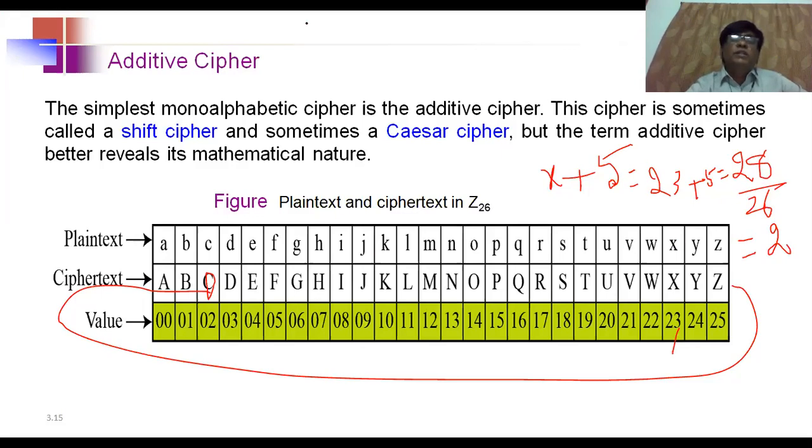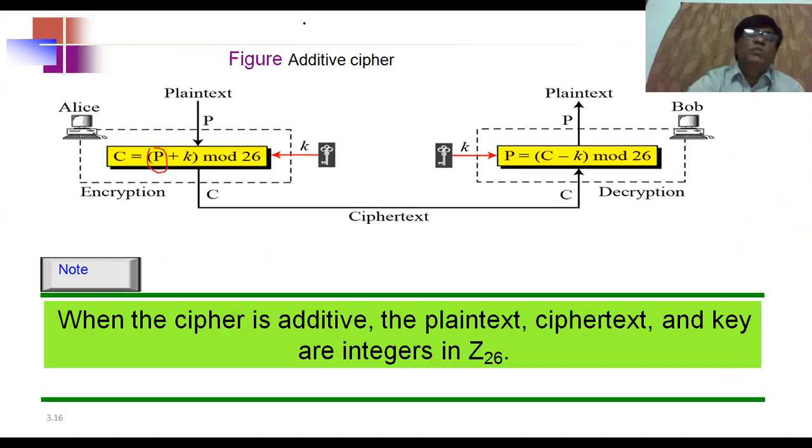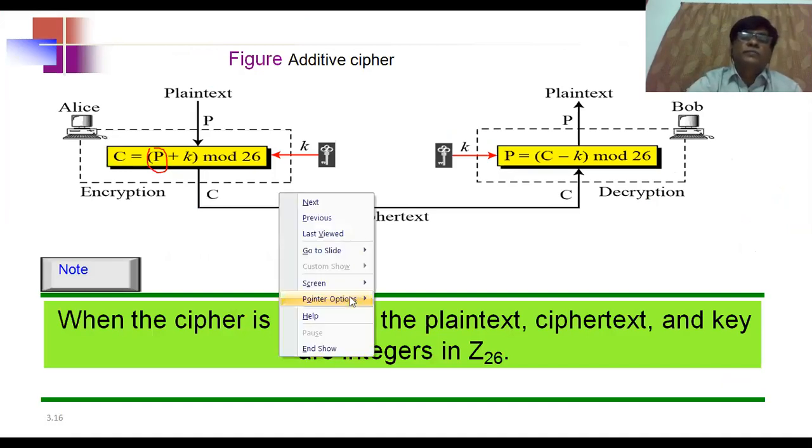It is C. So after adding any integer value to the plain text character, if it exceeds 25, then after modulo dividing by 26 we get another integer value within the 0 to 25 set only. For that purpose, we always use mod 26.